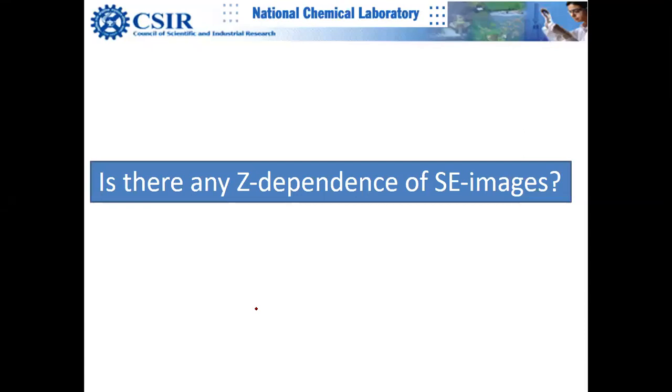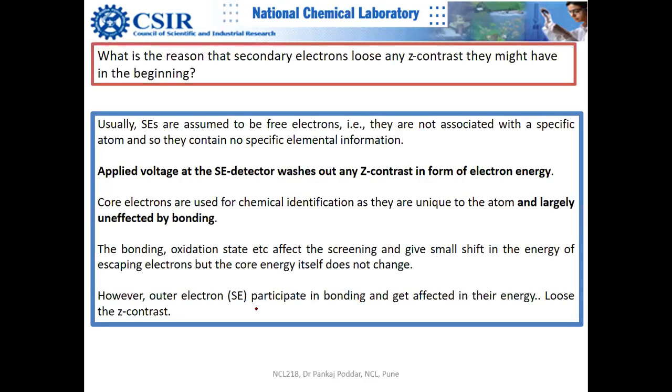The question was: is there any Z dependence of secondary electron images? I have already answered it, but again, the repetition: because we apply a positive voltage bias to the secondary electron detector, if there is any information, it is just washed out. It's basically masked.